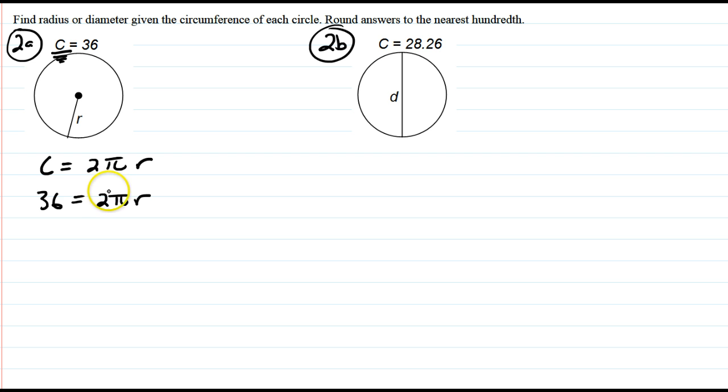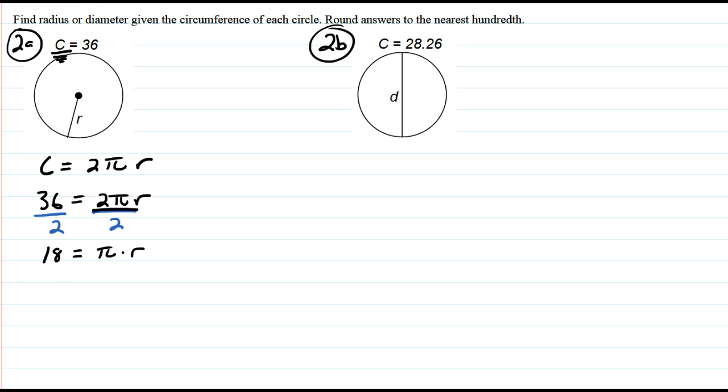What I'm going to do is divide both sides by 2. That gives us 18 equals pi times r.